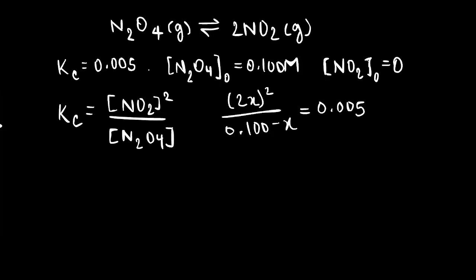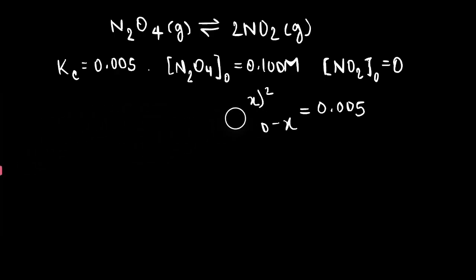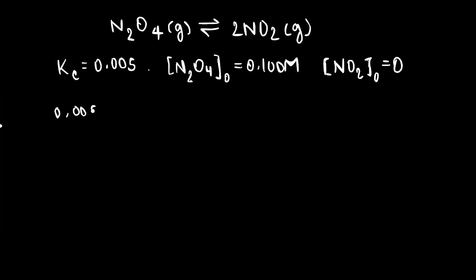Okay, so to do this, let's first clear up some room here because we're probably going to need it. So this is what we're trying to solve, right? 0.005 is equal to our 4x squared divided by 0.1 minus x.